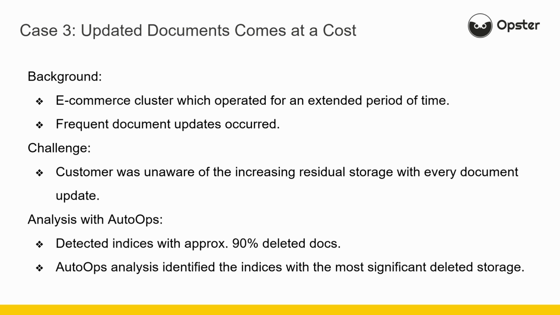So on that specific use case, we found some indices that have 90% of deleted documents, meaning, let's say you have an index of 100 gigs. So 90 gigs out of it is actually deleted data that is not used, taking away your storage and requires more hardware to handle that.